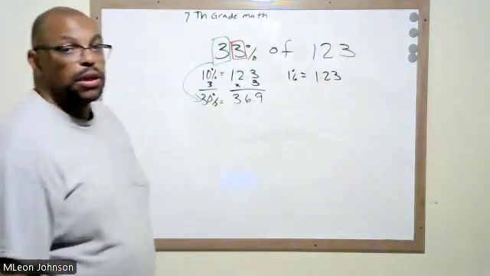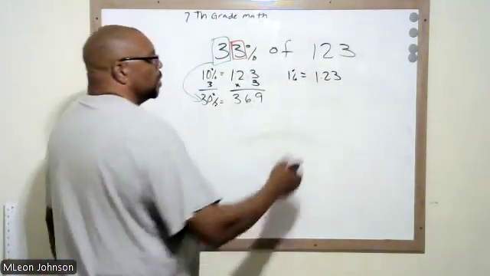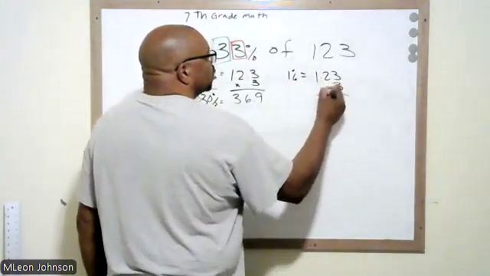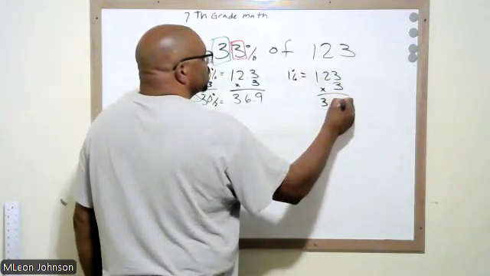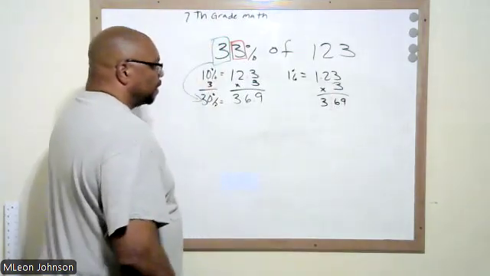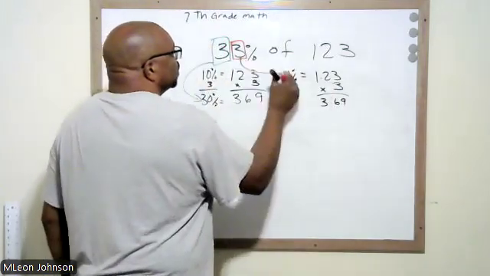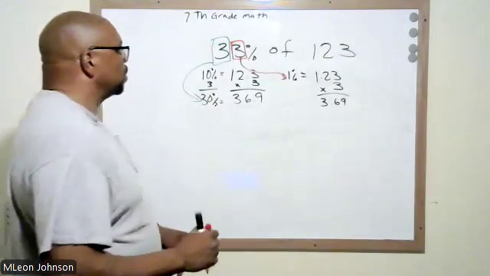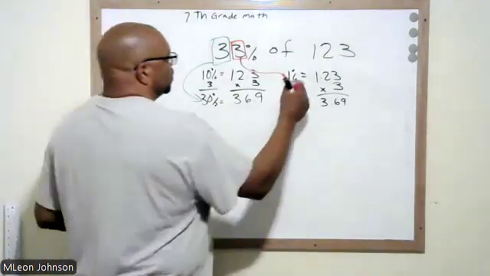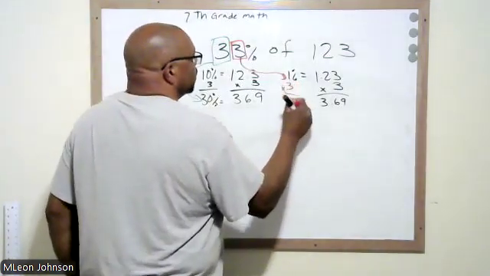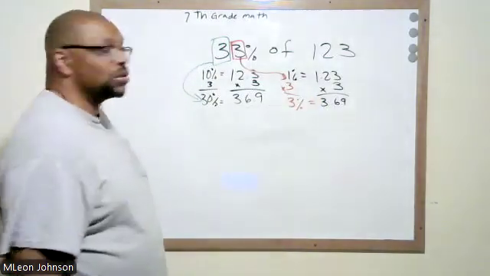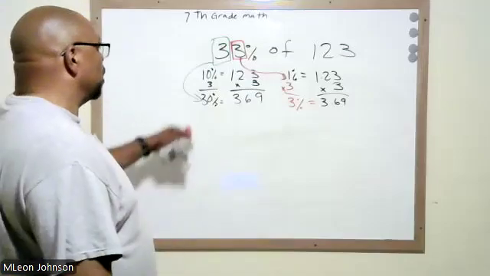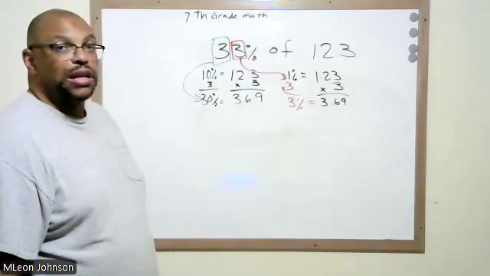But how many percents are we looking for? 3 of them. So multiply by 3. So this is going to be 3.69. I forgot to put 3 here, multiply by 3 to make this 3%. So you can see that 3% equals 3.69, and 30% equals 36.9.